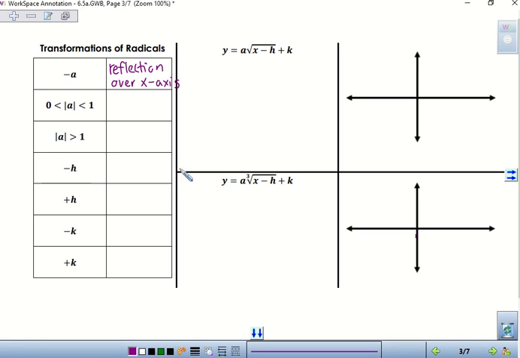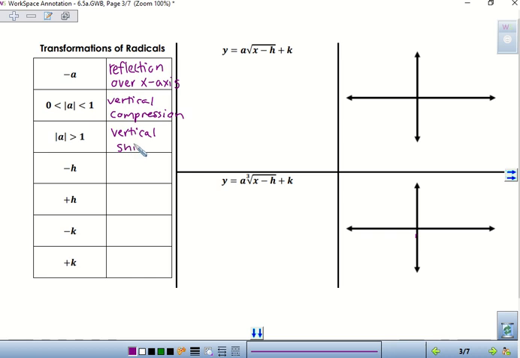So if our A is negative, we have to take the absolute value of it to determine what type of thing that's going to be. So if your A value is between 0 and 1, is that going to be a stretch or a compression? A compression. So this right here is a vertical compression. And if your A value is greater than 1, that's going to be a vertical stretch.